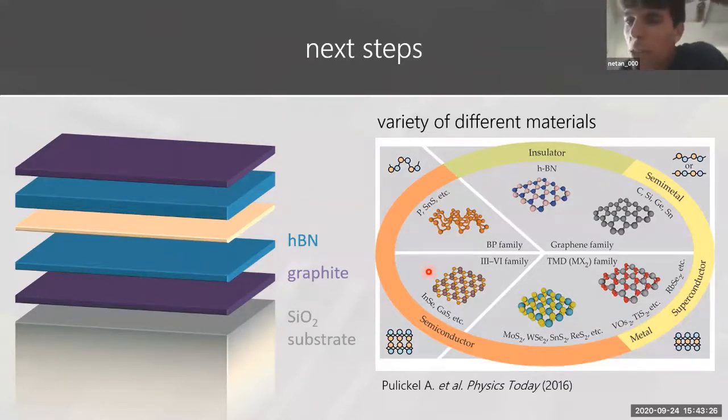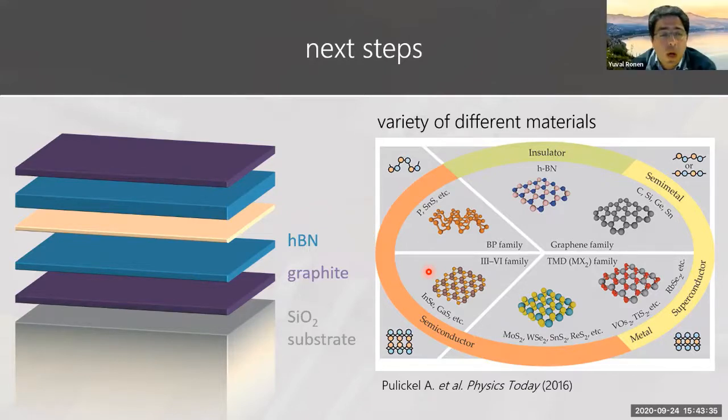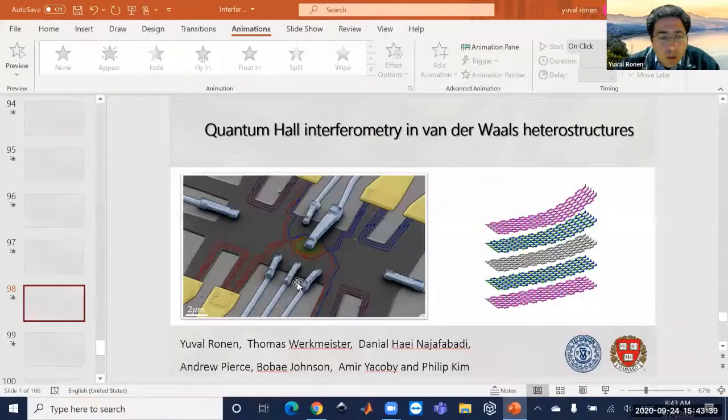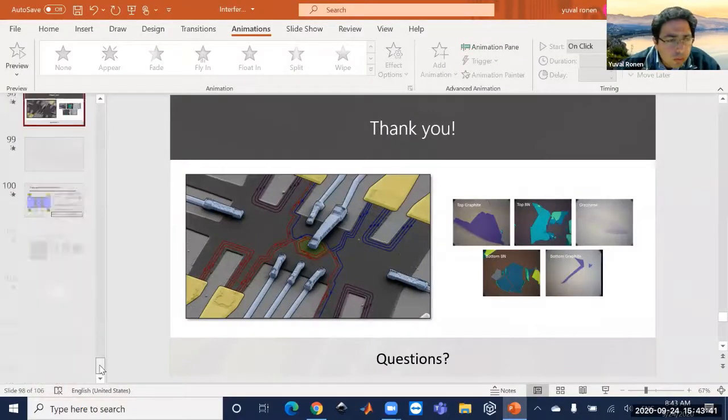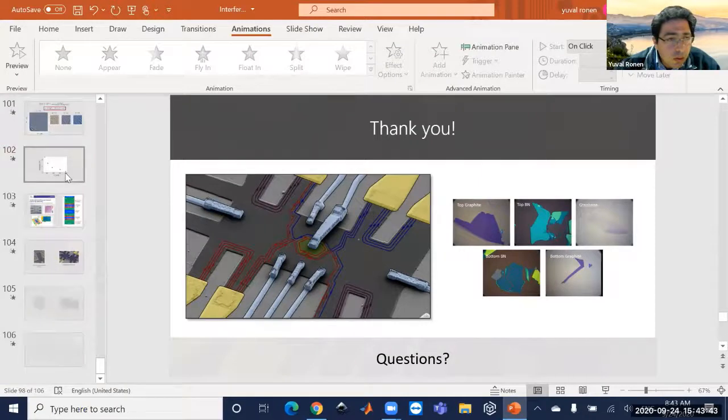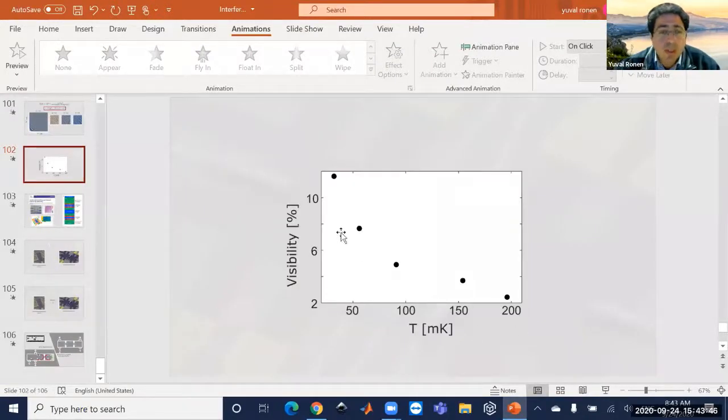Yuval, did you try to measure the dependence of the coherence length on parameters like temperature? Yes. This is, for example, the coherence length as a function of temperature.